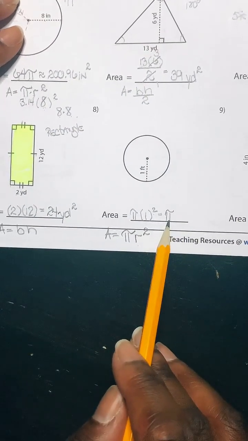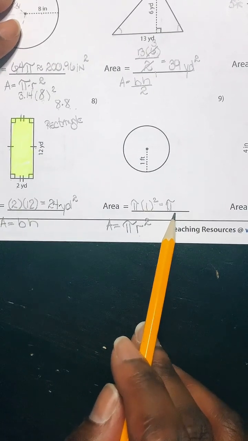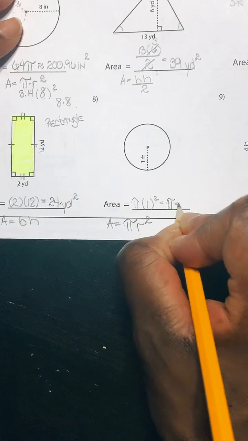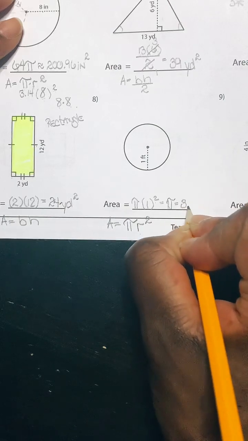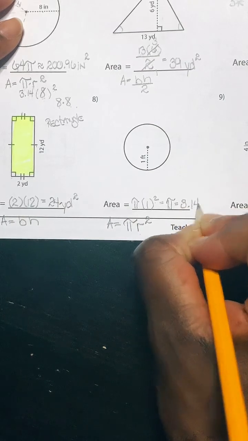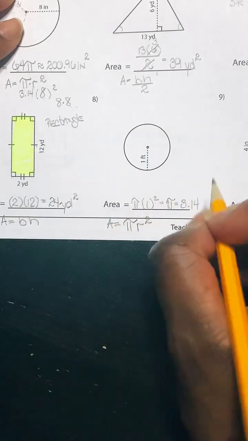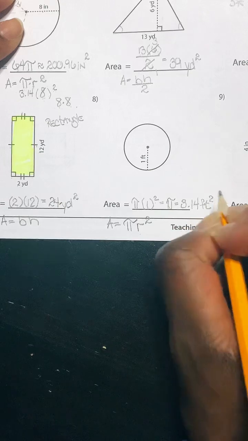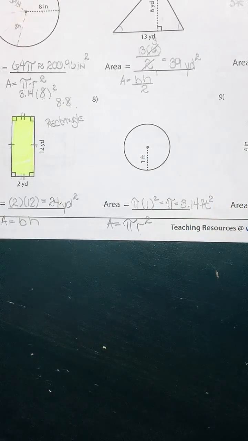So instead of just leaving it as pi, we're going to say our answer is 3.14, looking at my measurement, which is feet, squared feet. So it's going to be 3.14.